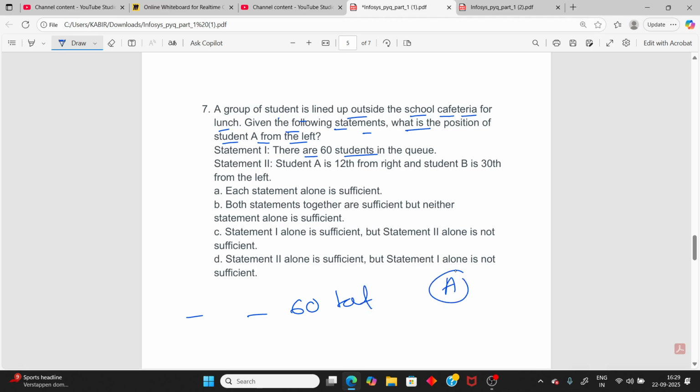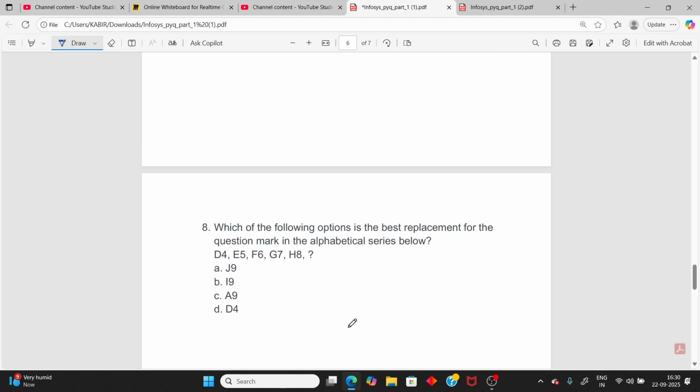The student A is 12th from the right. But you can't predict the position from the left until you know the total number of students. You need to find it from the left, so you should know all the students. Without knowing, you can't. So you need both: 60 total students plus this statement. So both statements, and the answer is actually 60 minus 12 plus 1. That is your answer.